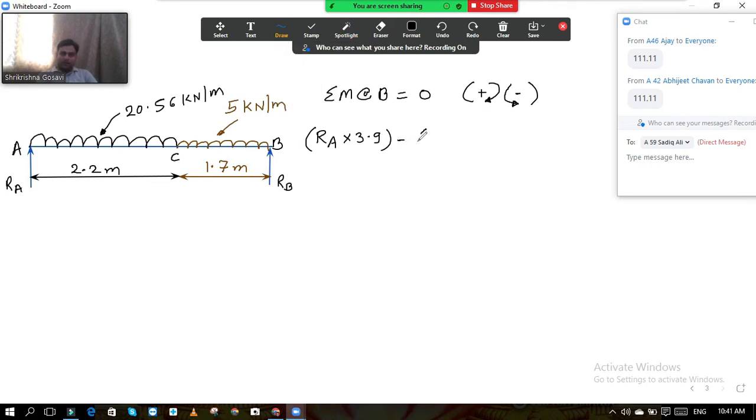It is 20.56 into 2.2. This is the area of the rectangle. For conversion of UDL into a point load, we take the area of that diagram. Then this load will act at the center of this 2.2, so half of 2.2 is 1.1.